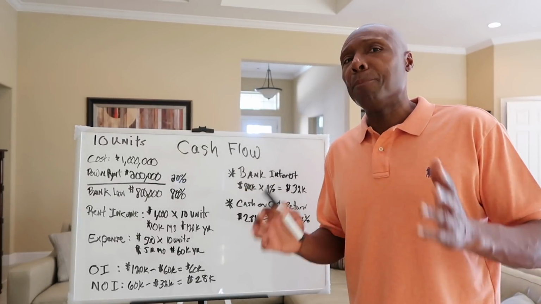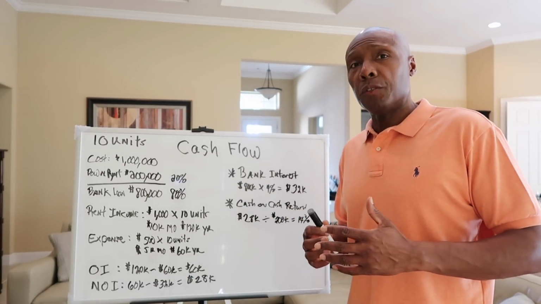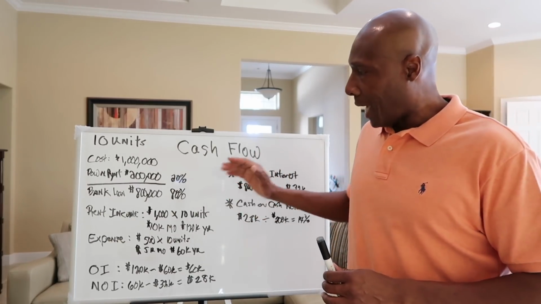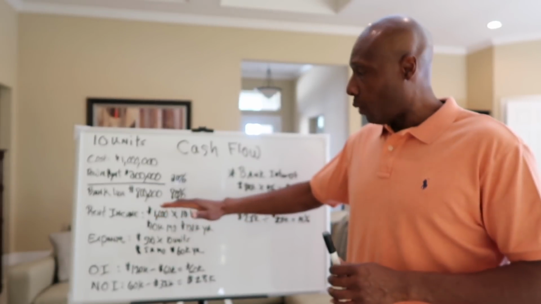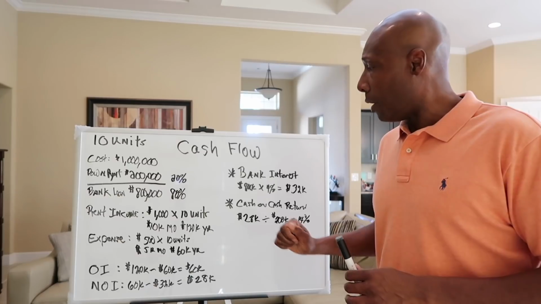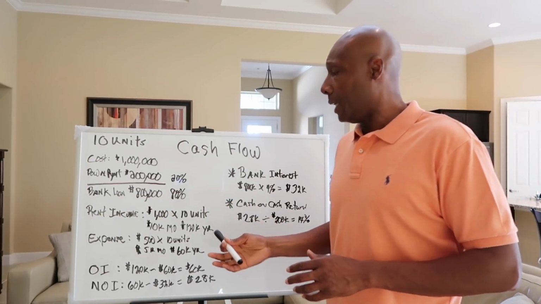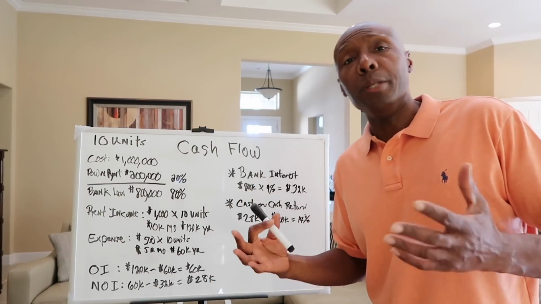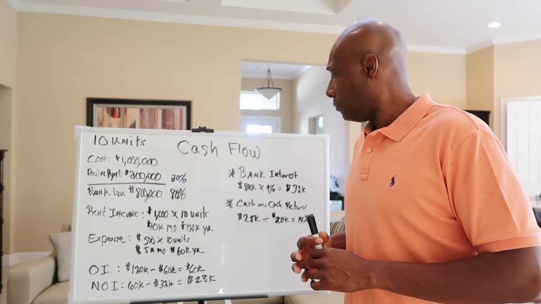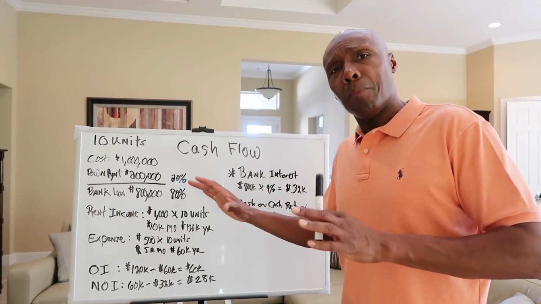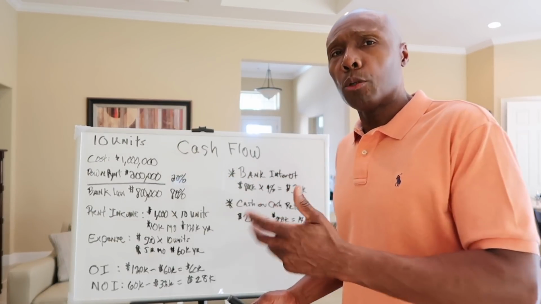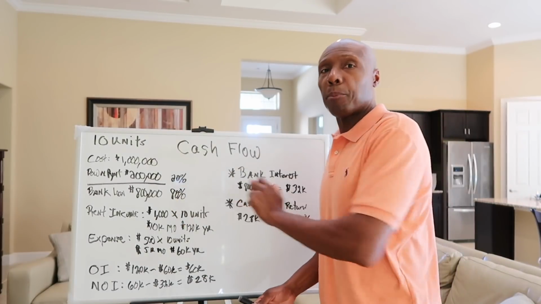And the reason I'm going to think about refinancing is because of a couple of things that I've done to the property. One, I've gotten my rental rates up to market, which is $1,000 per month per unit. Next thing is, maybe I've done some improvements to the property to help it go up a little bit in value. So in 12 to 18 months, I'm going to have a reputable appraiser come out and appraise my property.